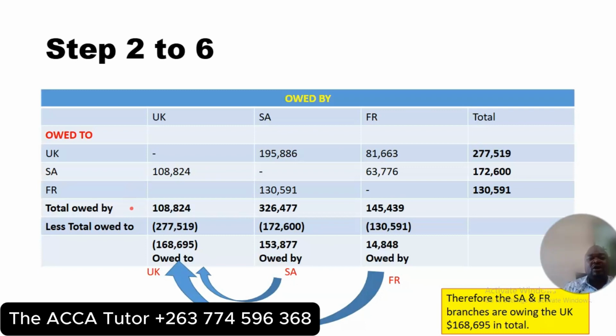So the total owed by, these ones are actually payables, and the owed to are receivables. We are in agreement. So somebody is worried that the payables are positive and the receivables negative, and they are justified.